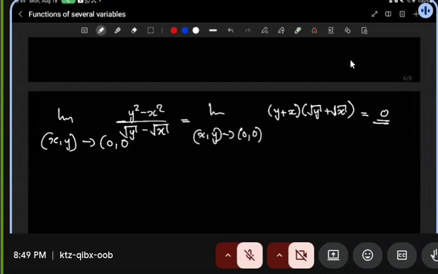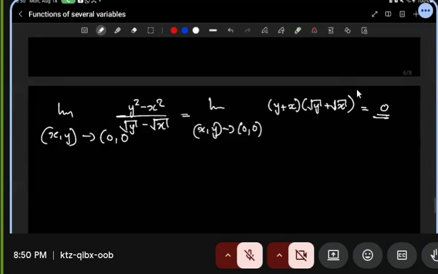And for those cases, we might want to try approaching our limit using different paths, since, as we have already discussed, the limit remains the same regardless of how we approach it. Okay, so that is what we're going to look at next.